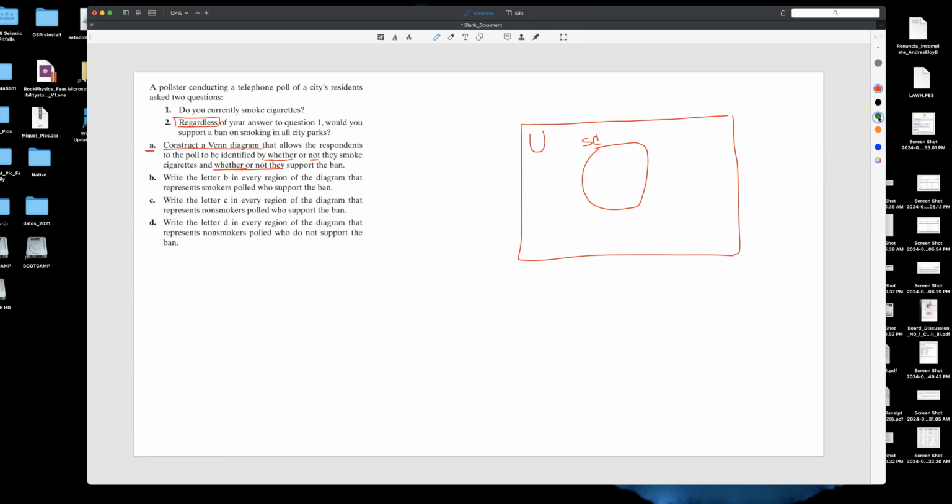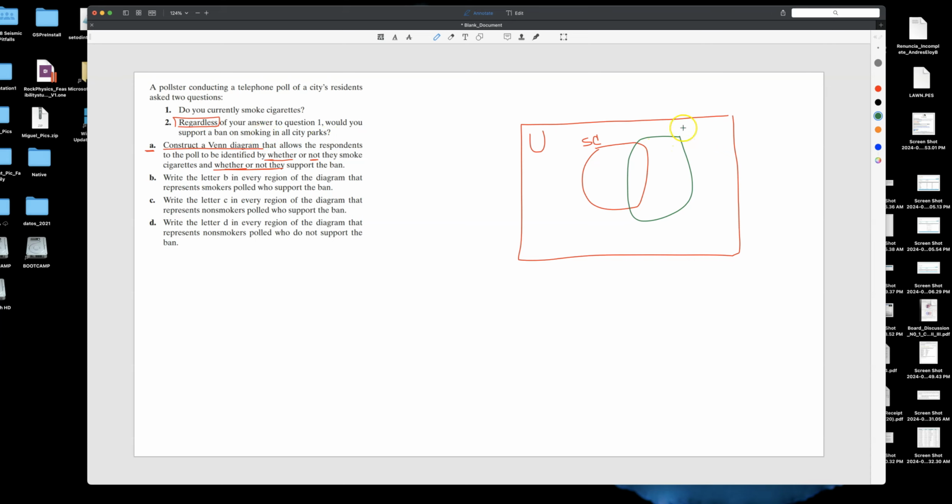Then we're going to have another set, I'm going to change the color here, and I will use that set to represent people who support a ban on smoking in all city parks.